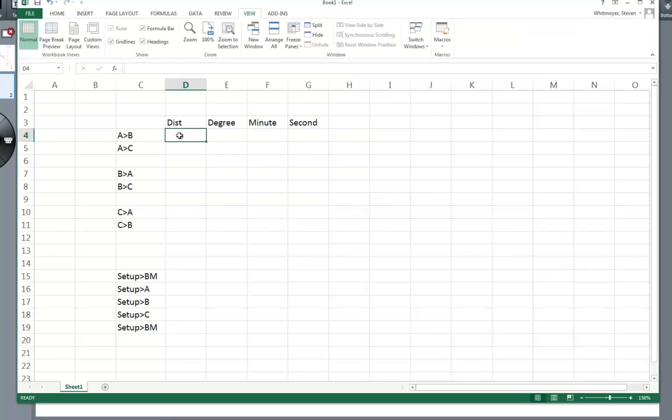So I'm just taking one group's data right here, and so we have from A to B, 155.09, an angle of 28, 18, 15, and then we had from A to C of 108.71, of 306, 39, 00.